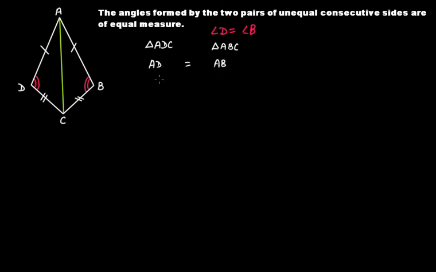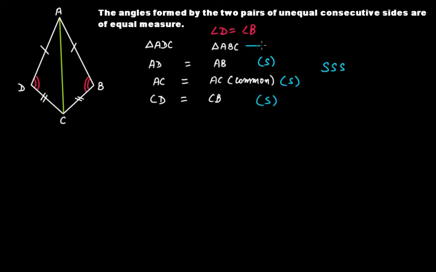This side AC is common, so AC is equal to AC. And CD is equal to CB. So we have SSS, again two sides are equal, and then another pair of sides is equal. So from SSS criterion, we can say that these two triangles are congruent.